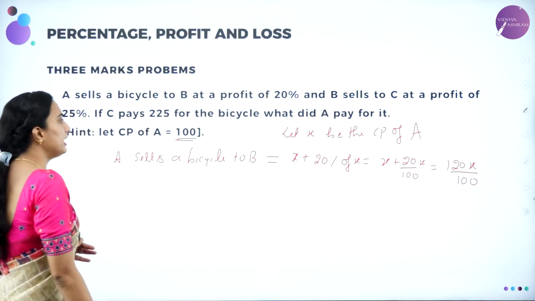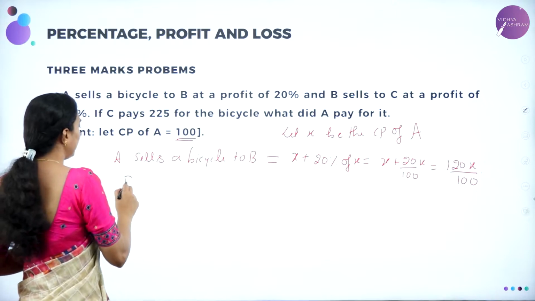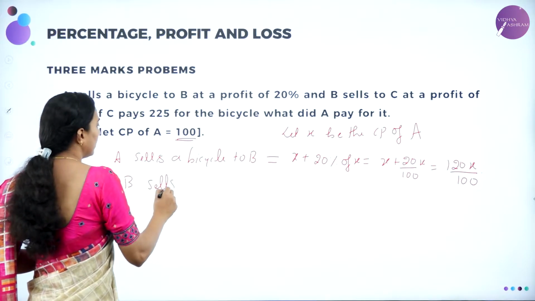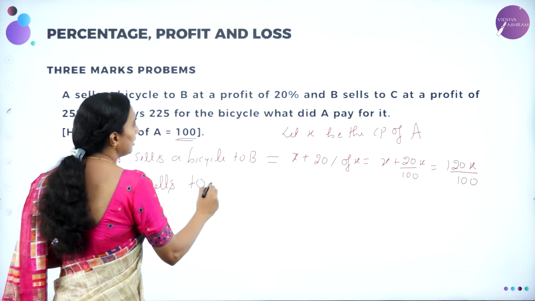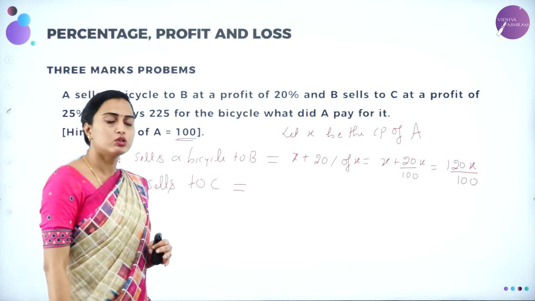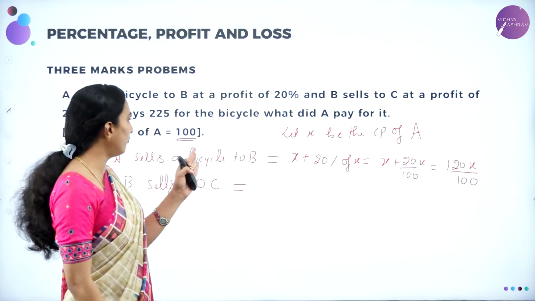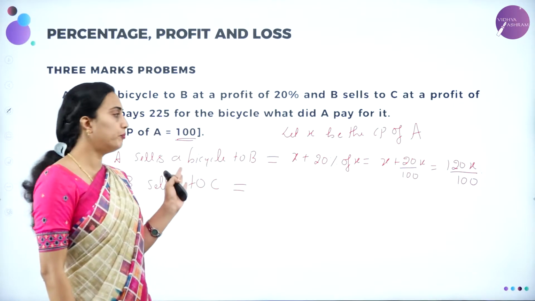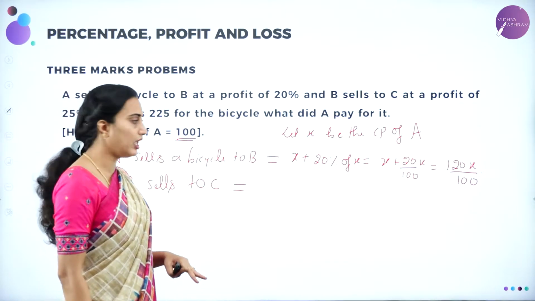Again, B sells to C at a profit of 25%. At a profit of 25% of what? After selling A to B, B will be selling to C.